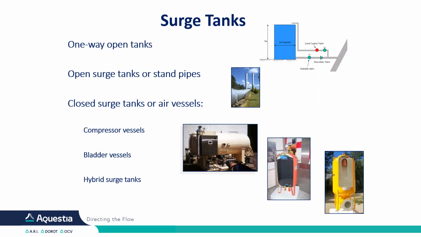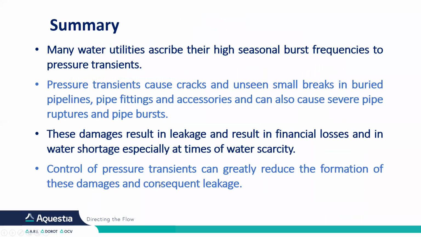Surge tanks, you have the one-way open surge tanks, you have the standpipes, you have closed surge tanks, air vessels, we have the compressor vessels, bladder vessels, and hybrid surge tanks. Okay, so those are the devices that you can use to prevent the surges.